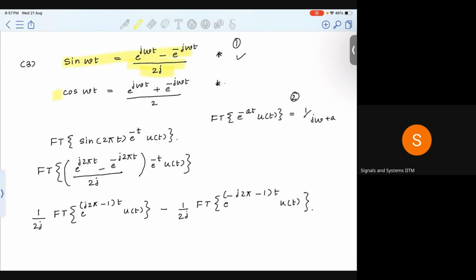You are having some difficulty with this representation. When it comes to solving Fourier series or Fourier transform, you always work with exponential signals, and integration of exponential signals is the best thing that can be done. When you see something in the form of sine and cosine, always convert them into exponentials and work from there.